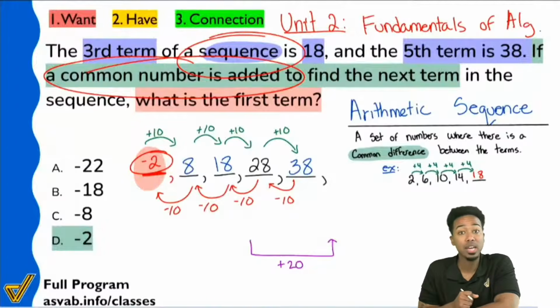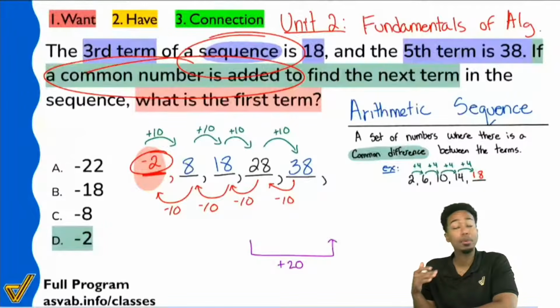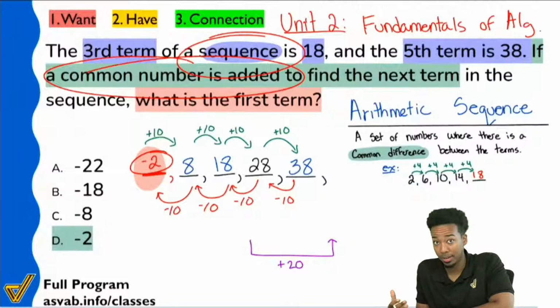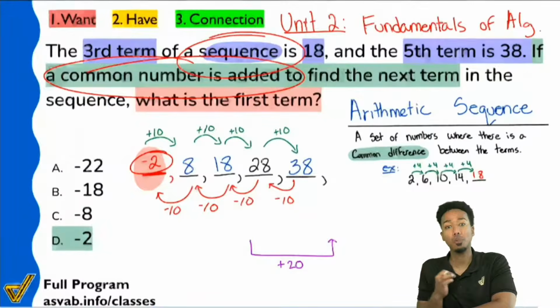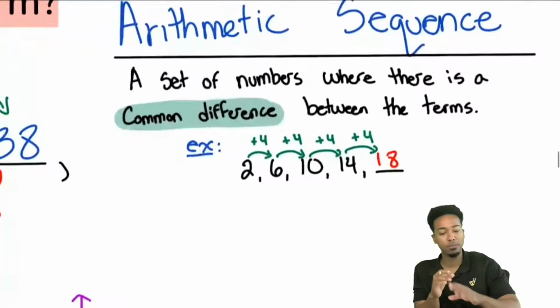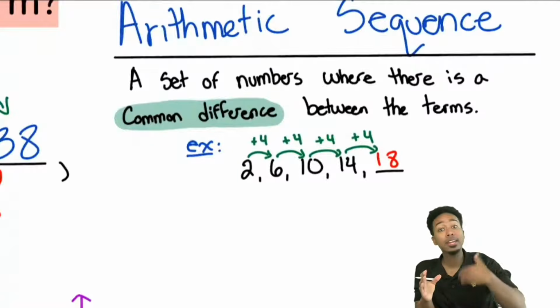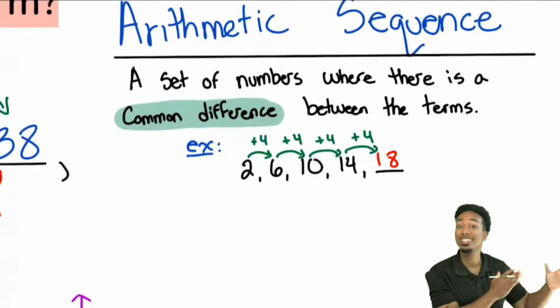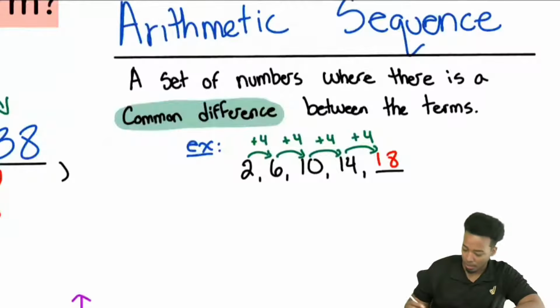If they were to say, hey, it's a sequence and you have a common number being multiplied, that is called a geometric sequence. So let me explain the difference very briefly for your benefit. That way you can potentially recognize this in the future. So here we go. If we're looking at a geometric sequence, here's what that is.